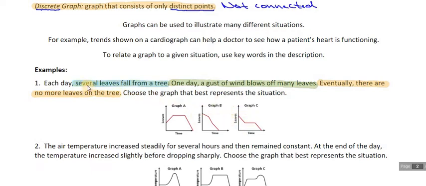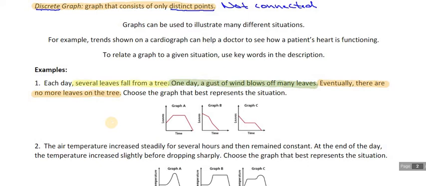We're starting off stating that several leaves fall from a tree, but then there's a gust of wind that blows a whole lot off. Graph A is going against that first part. It says several leaves fall from a tree. So if we look at our time versus our leaves, graph A is showing that the leaves are increasing initially.